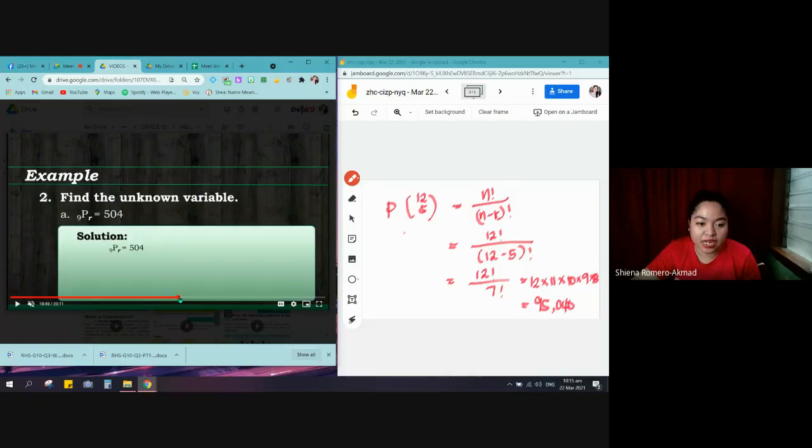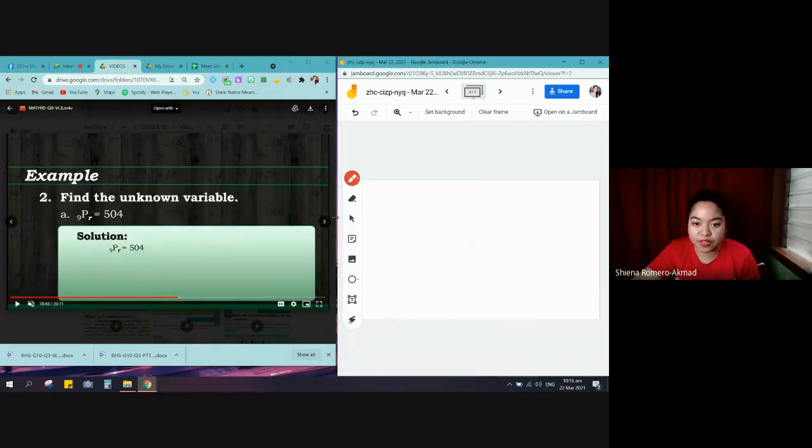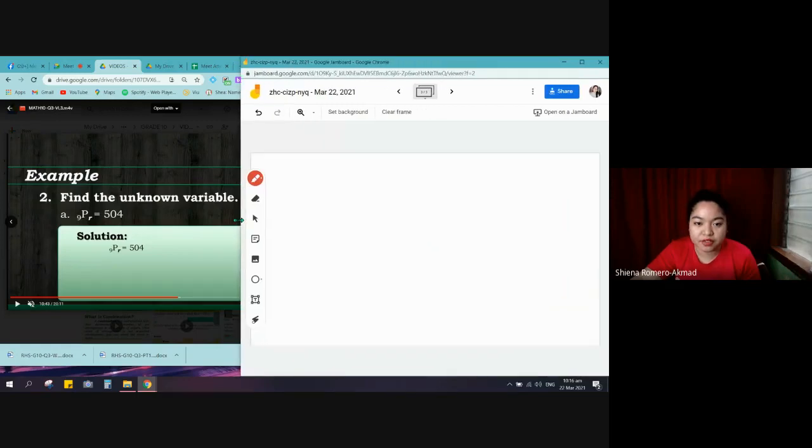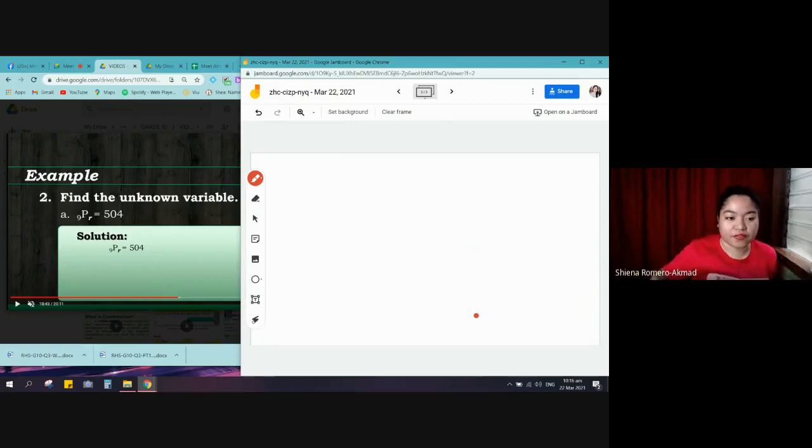Or what if you're asked to solve for the unknown? So solve natin yung unknown, no? So for us to solve the unknown, like for example here, in letter A, we have permutation of 9 taken r at a time equals 504. So solve natin siya.